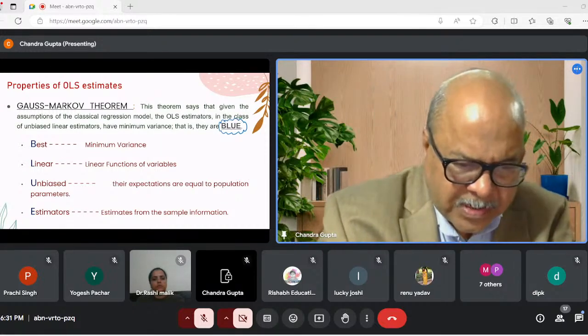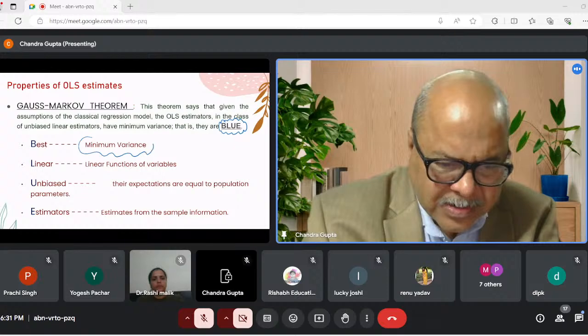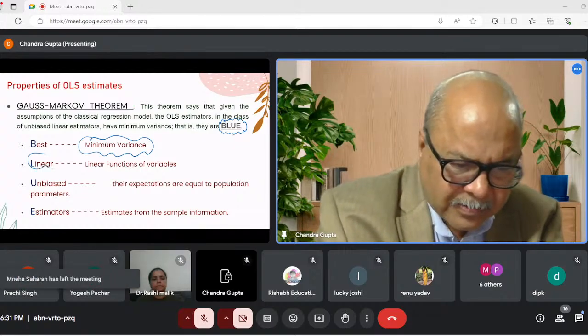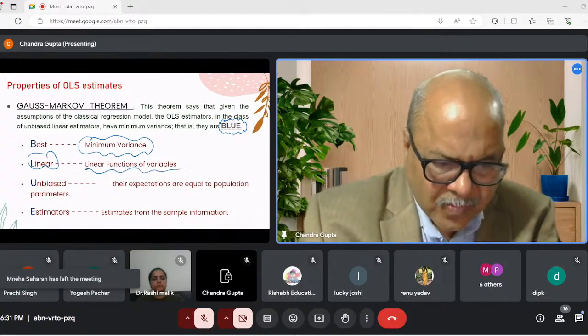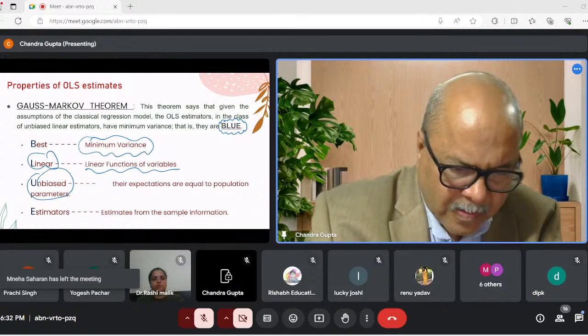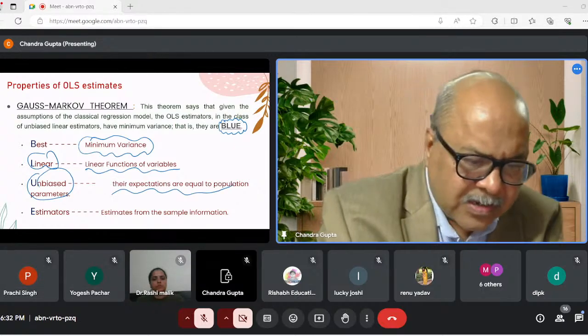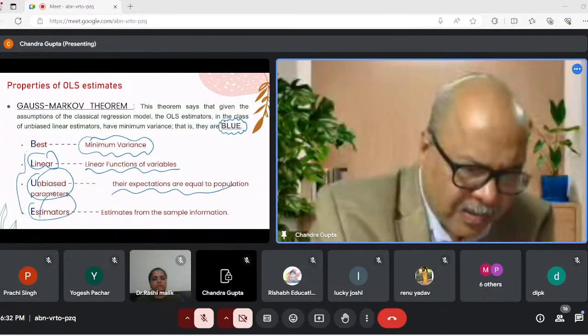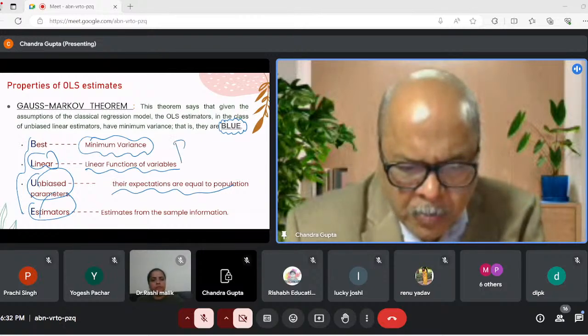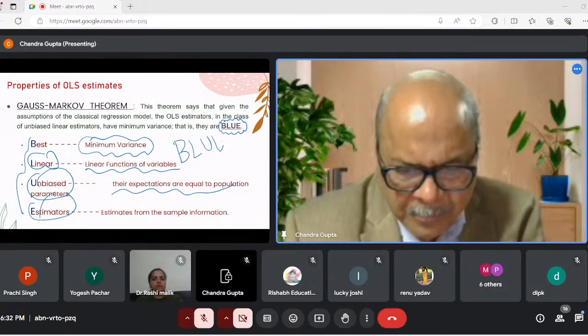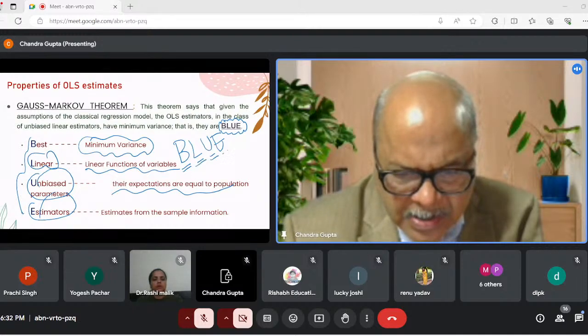Because it is best as it has the minimum variance. It's linear, it's unbiased, and it is an estimator. And that's the reason it is called BLUE estimator. Best, linear, unbiased estimator.